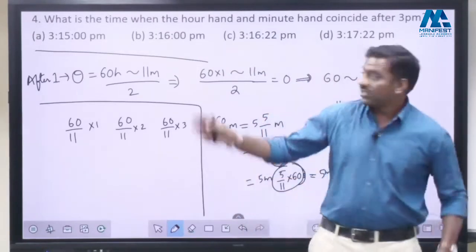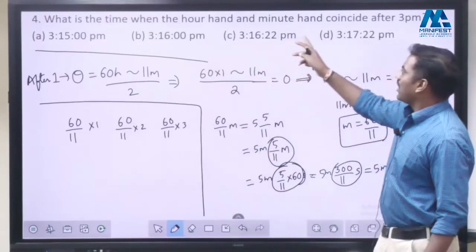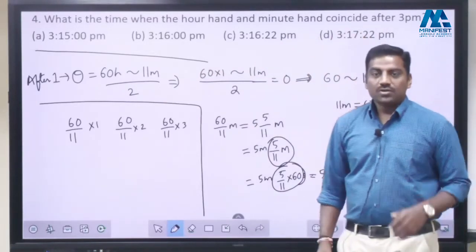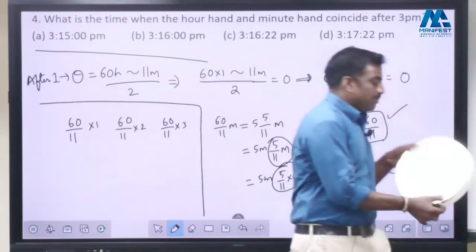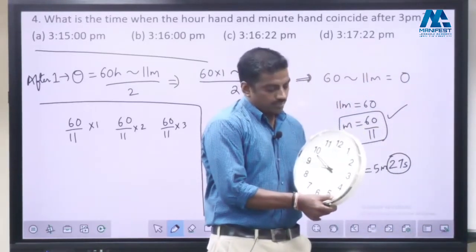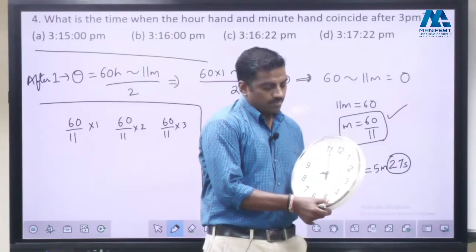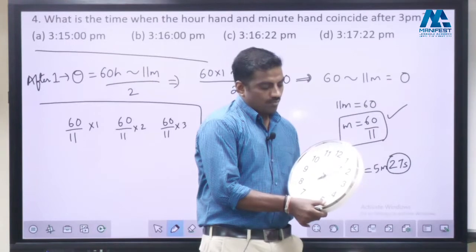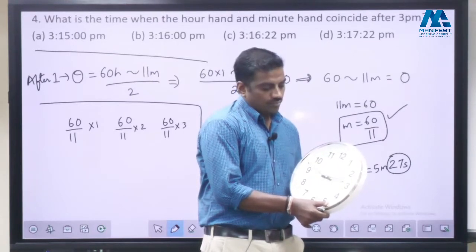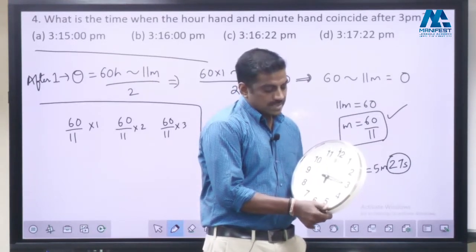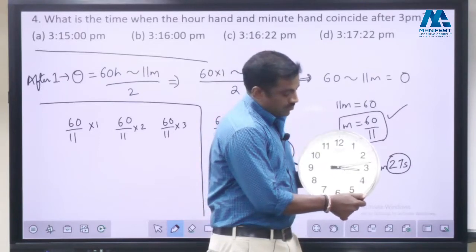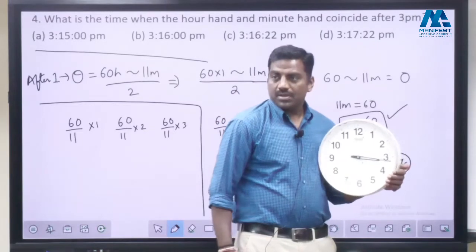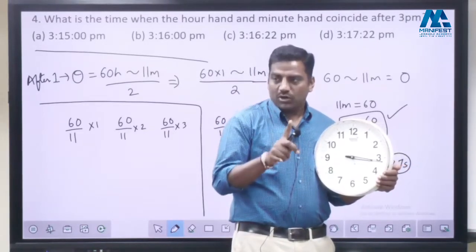For example, this question: what is the time when the hour hand and minute hand have coincided after 3 p.m.? So imagine after 3 p.m. where they will be. Think of only the minute hand now.